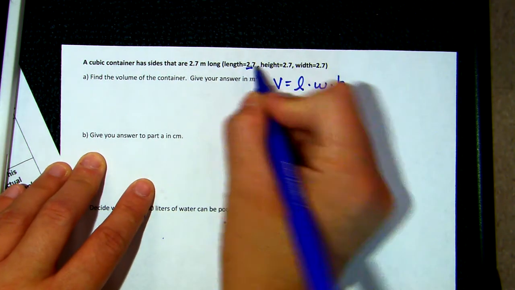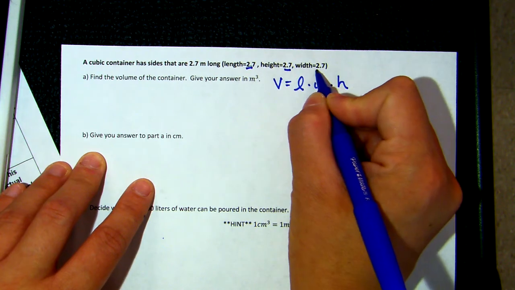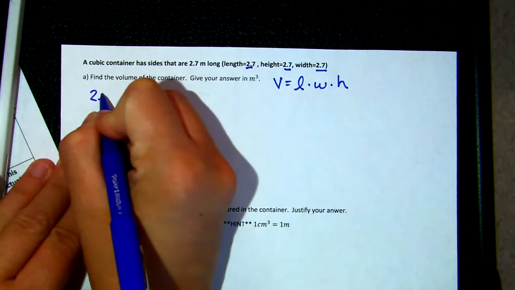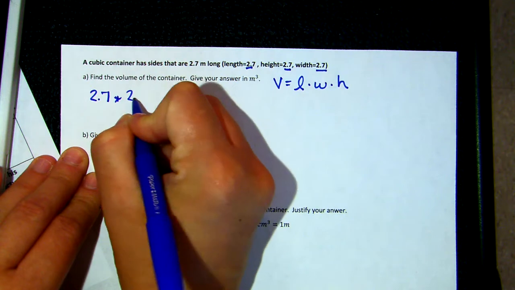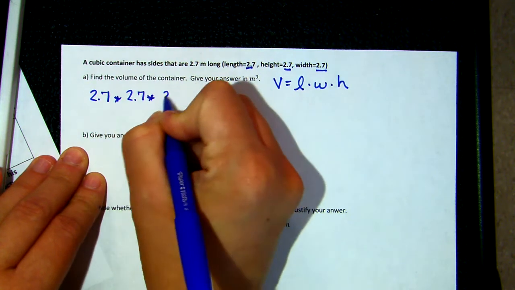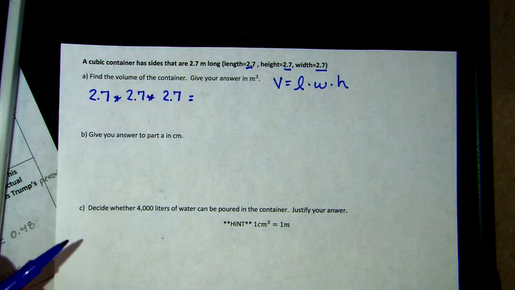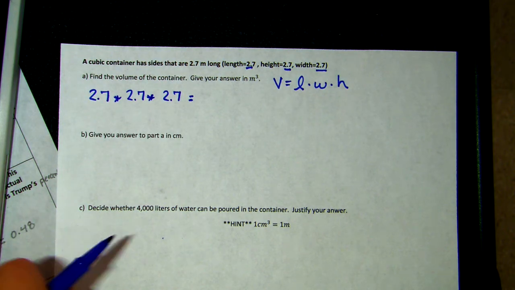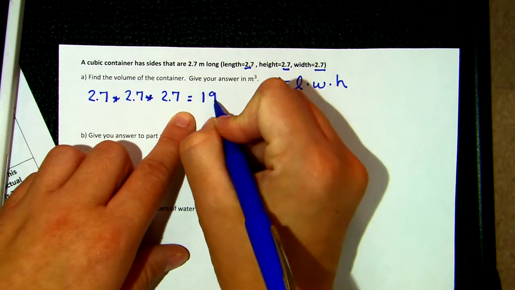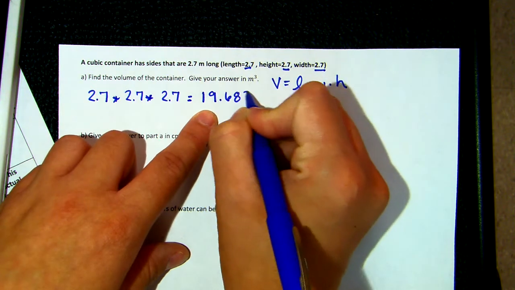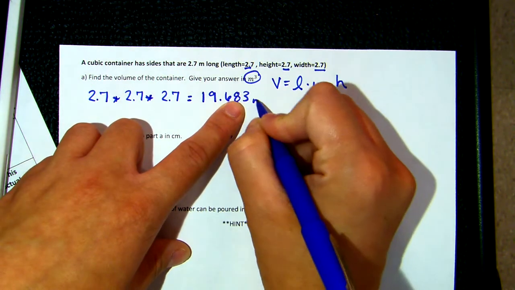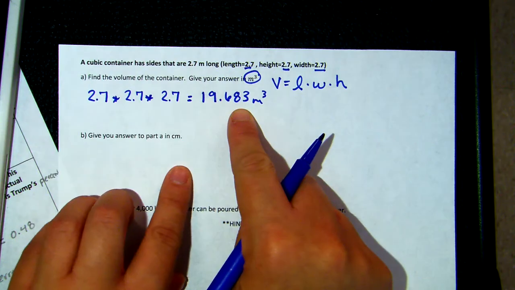So I'm going to multiply 2.7 times 2.7 times 2.7 to find my volume. So I'm going to plug that into my calculator. And that should give me 19.683 meters cubed is my unit for volume.